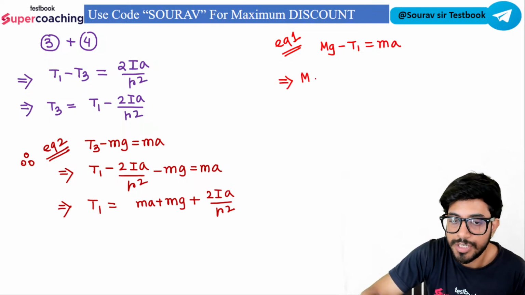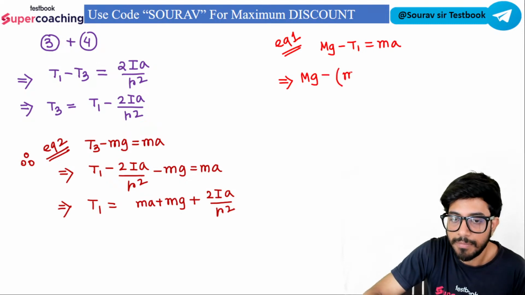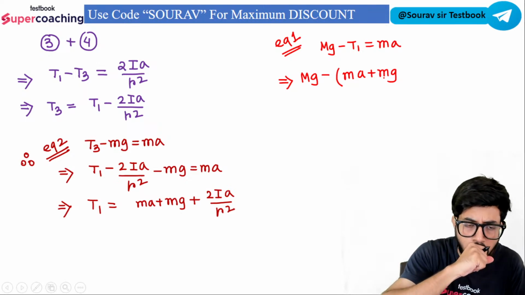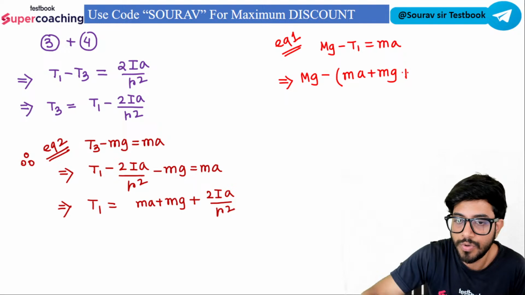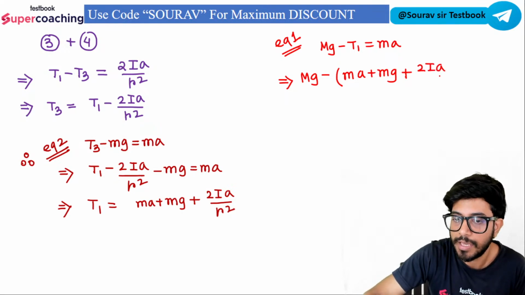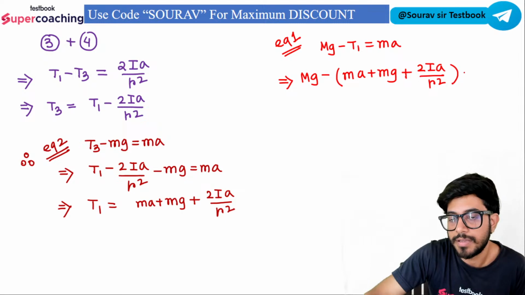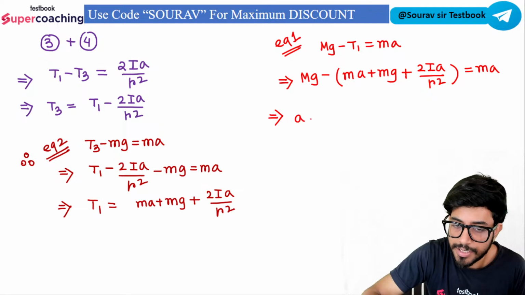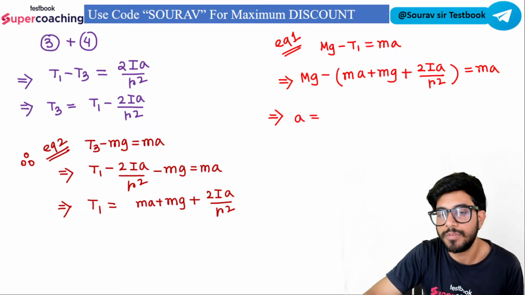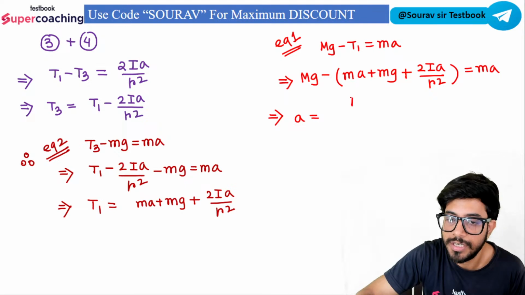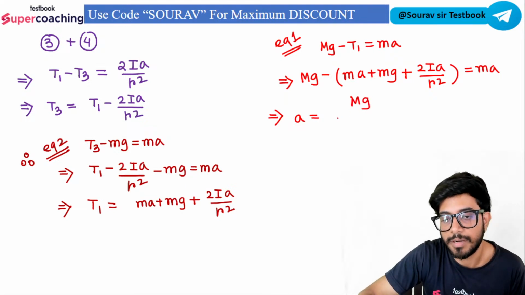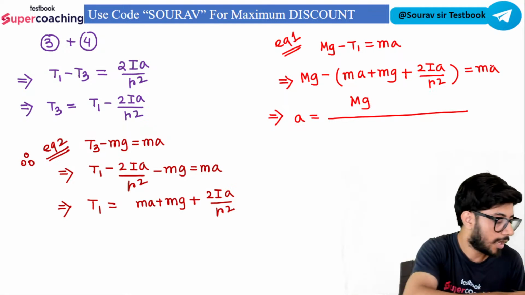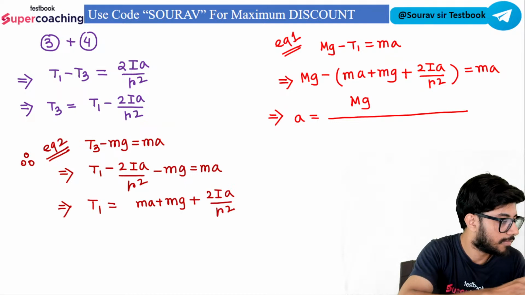You're going to get mg minus ma plus mg plus 2IA divided by r square is equal to m into a. From here you can get the value of the acceleration. If you just bring it on this side, so 2ma, right? So 2 into small m.